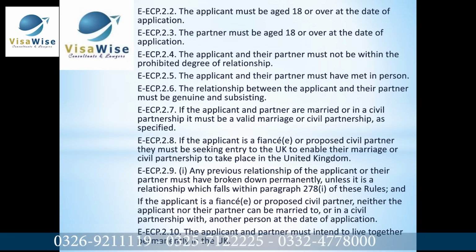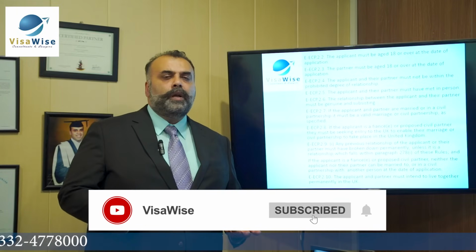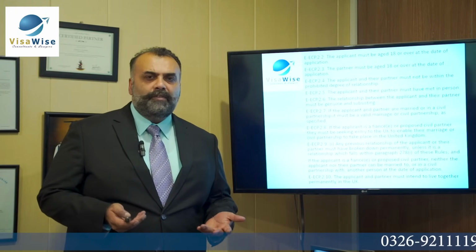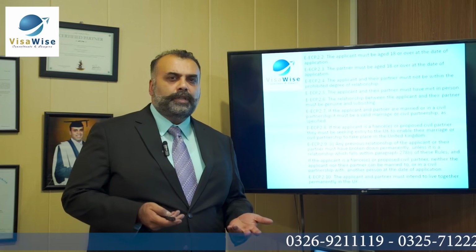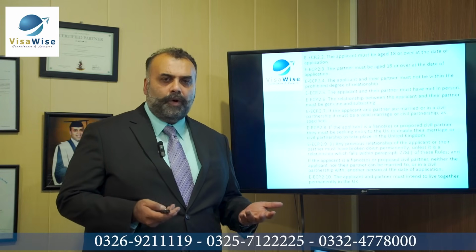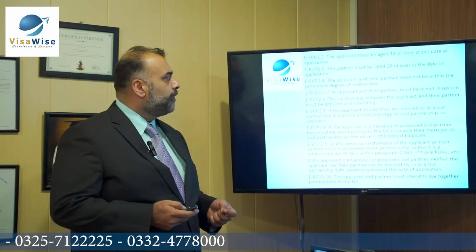The partner must be aged 18 or over at the date of application. So you need to make sure that both of you are above the age of 18, you yourself being an applicant and your sponsor being a citizen of Britain, or someone who has got indefinite leave to remain in the UK.